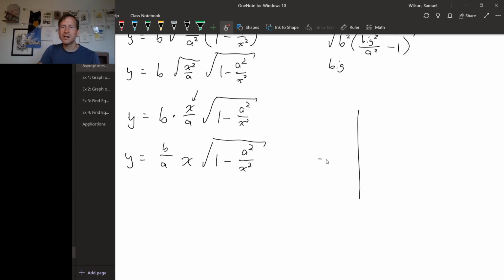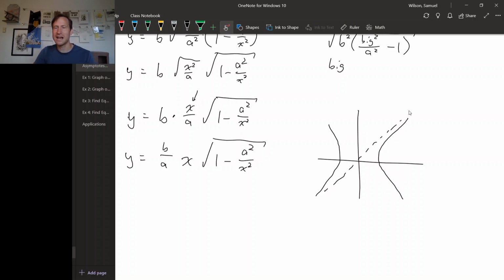Okay, now remember, in our hyperbola, so here's our hyperbola, we think we have an asymptote here. What is that asymptote? And we decided we need to think about when x is big. Now this x right here, if x is big, this x just makes everything huge, right? But this x is to the first power, and so that's going to sort of describe what the asymptote is doing.